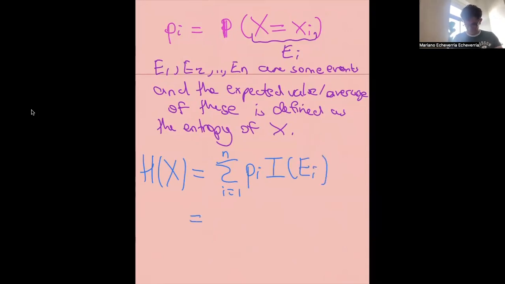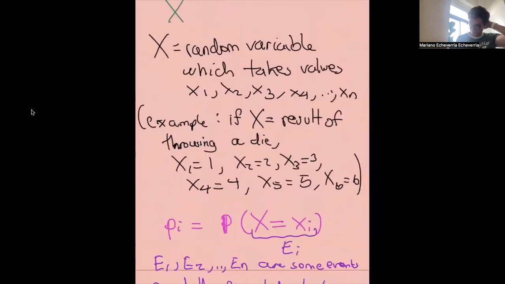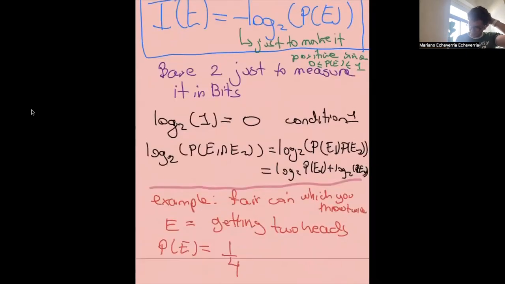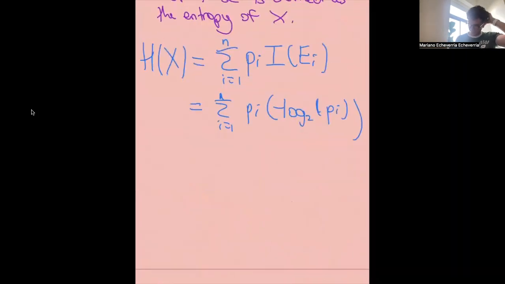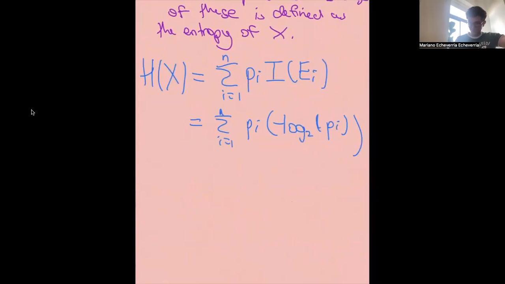Okay, but this is the sum from i equals 1 to n of pi times minus logarithm in base 2 of pi. That's how you end up with this definition for the entropy.